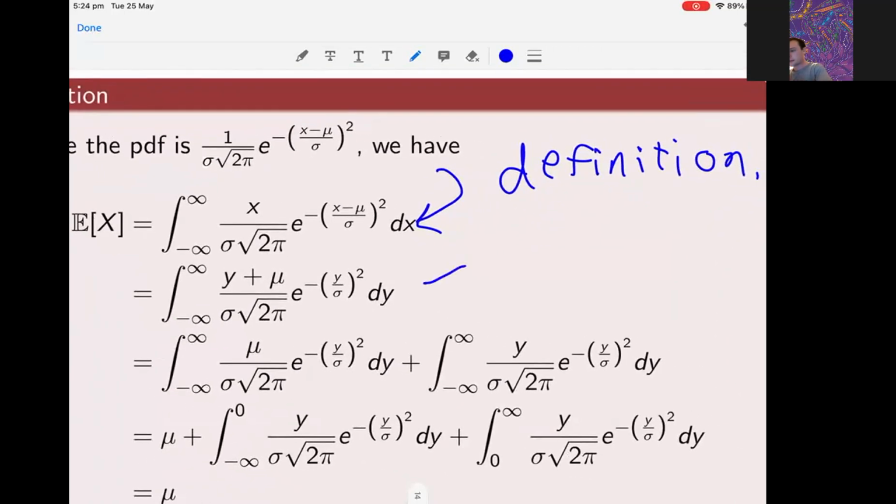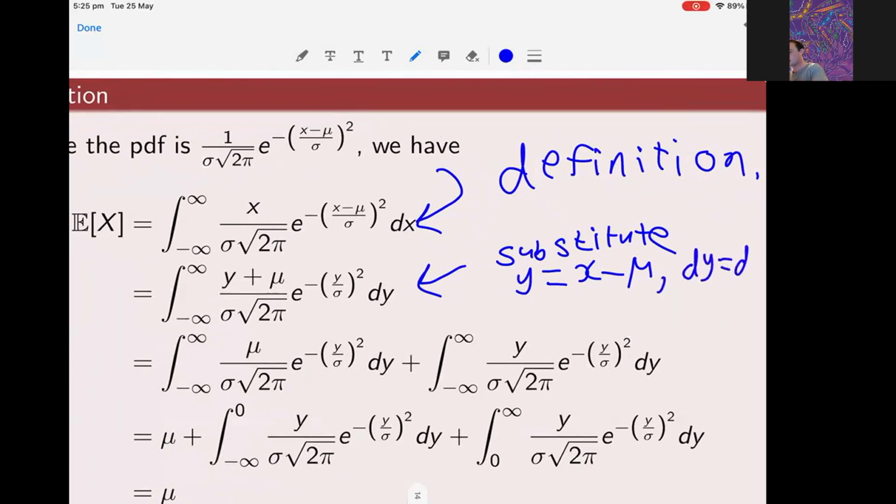But now what comes next? Well, in this second line, what I've done is made the substitution y is equal to x minus mu. This is a somewhat trivial substitution to make because in this case we find that dy is the same as dx.